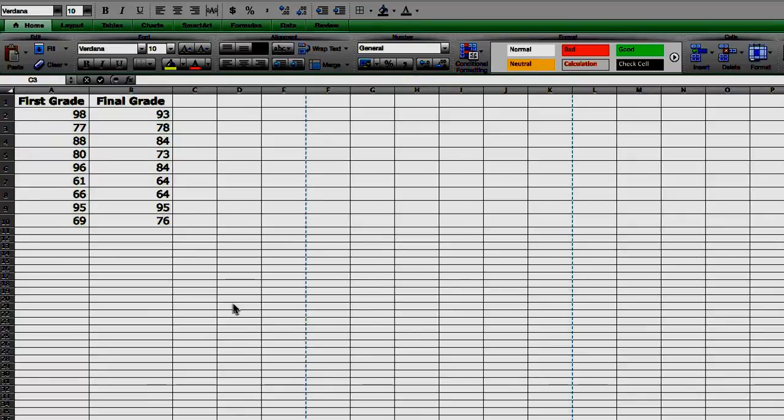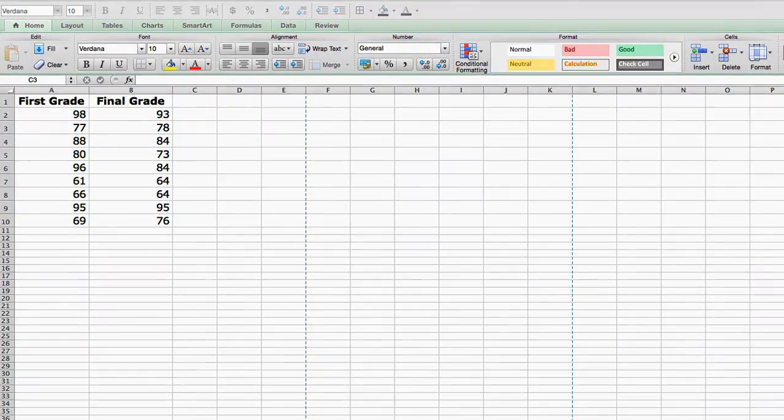Mac users, I'm sorry, but Microsoft does not provide a data pack in the Office suite for Mac. But anyway, that's neither here nor there. That will be up for another discussion. This will be for PCs that I had that video about being able to add in the data pack for the regression.